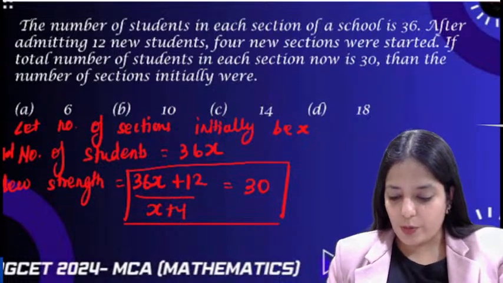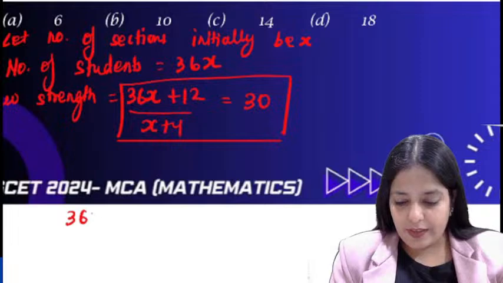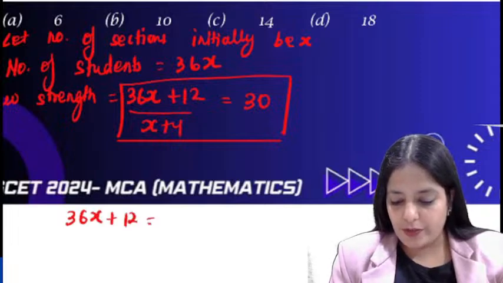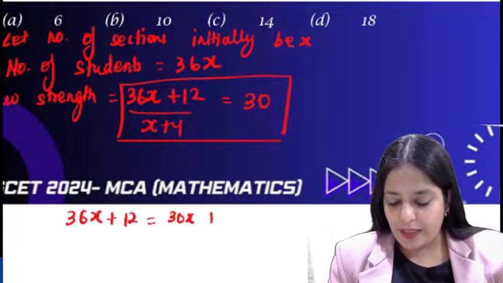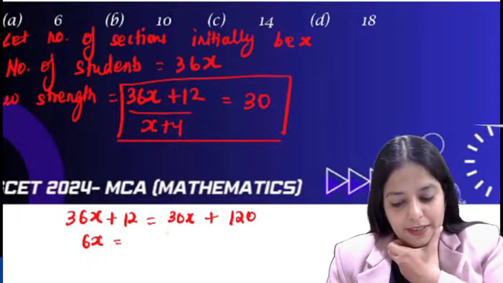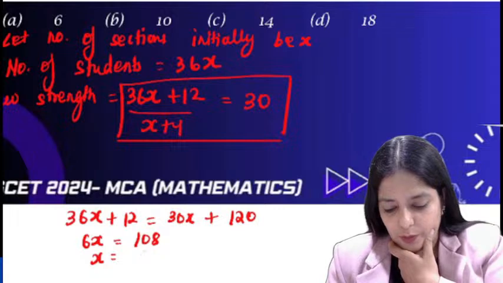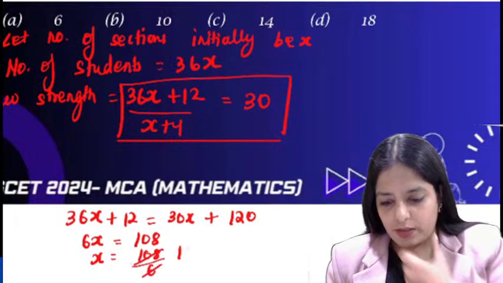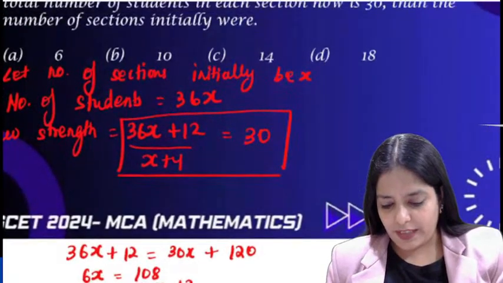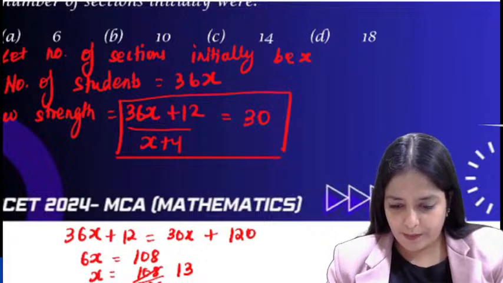So we'll just quickly solve this equation. 36x plus 12 equals 30x plus 120. So it will be 6x equals 120 minus 12, that would be 108, and x is equal to 108 divided by 6, that is not 13, 18.